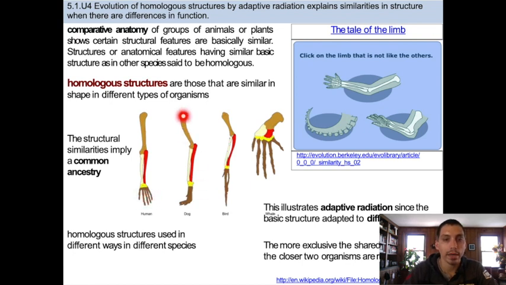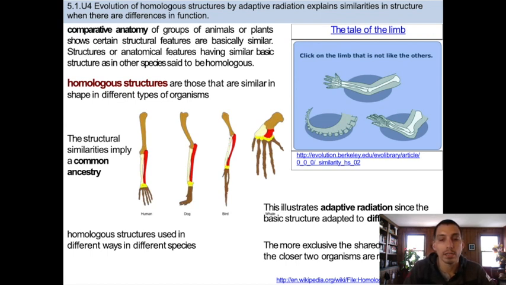If I look at a dog leg, the upper leg has 1 bone, then there's 2 bones, then there's a wrist, then there's fingers. If I look at a bird wing, I have 1 bone, 2 bones, wrist, fingers. If I look at a whale fin, I have 1 bone, 2 bones, wrist, fingers. So all of these are similar structures that are most likely the result of common ancestry. This also illustrates adaptive radiation, which is when one species radiates into many different species to fulfill different ecological niches.